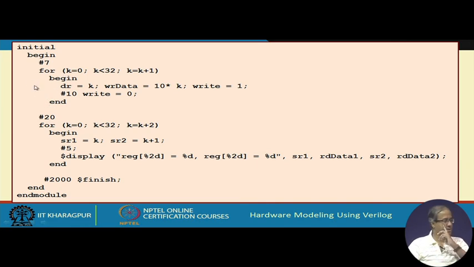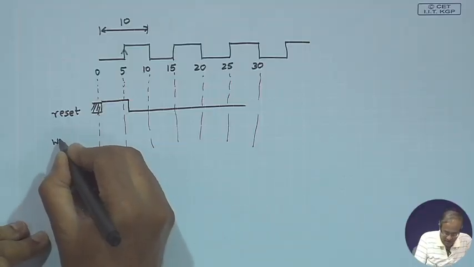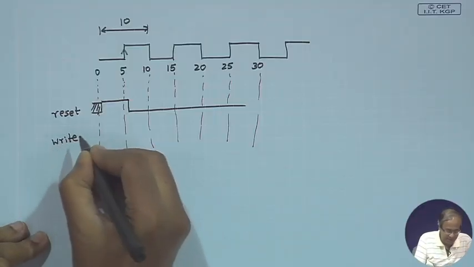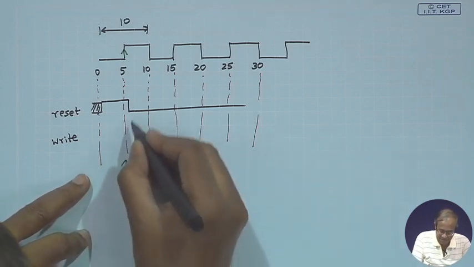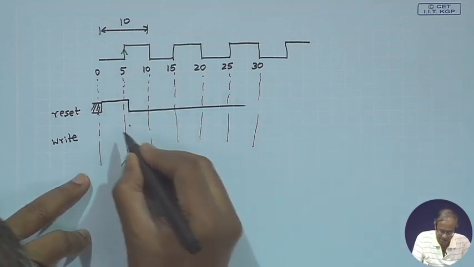So, what does this mean? You think of the write signal, what happens? Write becomes 1 after a delay of 7, and after a delay of 10 it again becomes 0. So, how will the write signal look like? Write will become 1 at time 7, somewhere here.